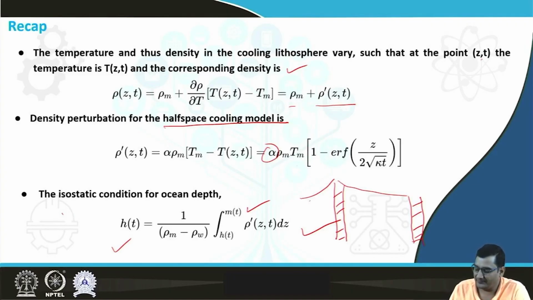And here ht is the water depth column, and mt is the thickness of the lithosphere, I'm sorry, it should be lithosphere.